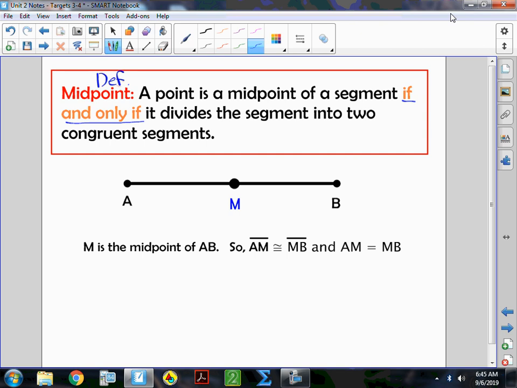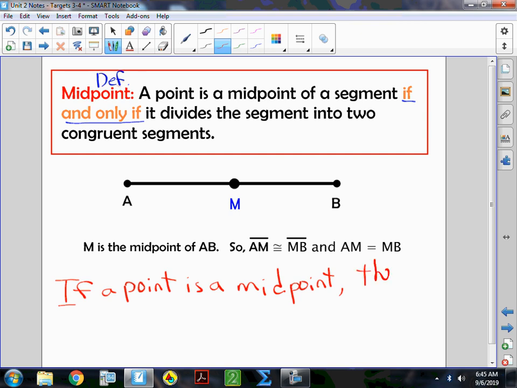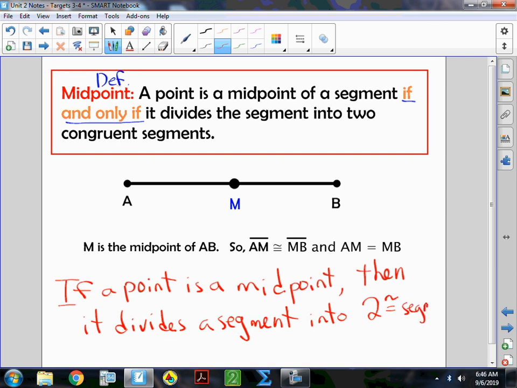So if I were to take this and just put it into an if-then form, you could say, if a point is a midpoint, then it divides a segment into two congruent segments.